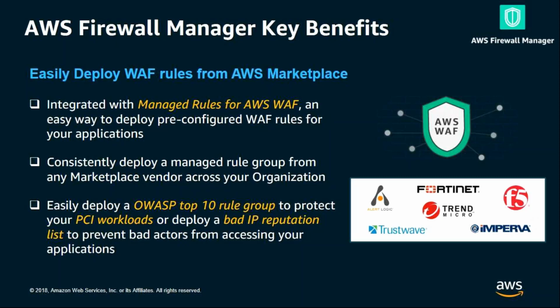These pre-configured rules are written, curated, and constantly updated by some of the more popular vendors like AlertLogic, Fortinet, Trend Micro, F5, TrustWave, and Imperva, who are the current vendors that are onboarded. These vendors have made multiple products available via AWS Marketplace. So you can simply subscribe to one of those products, which is actually a set of rules, and deploy it in front of your application.